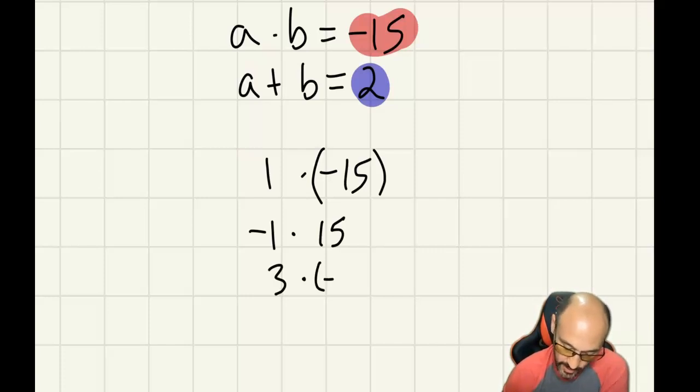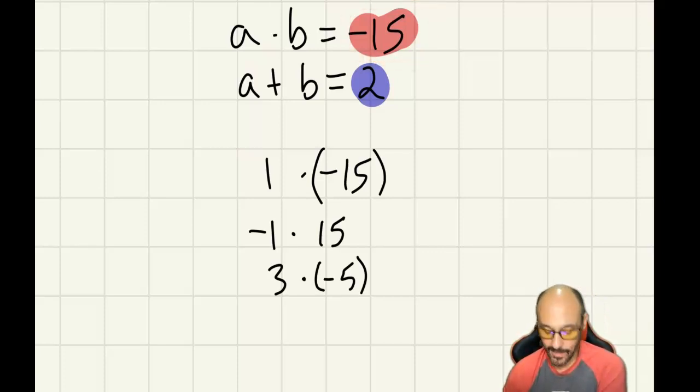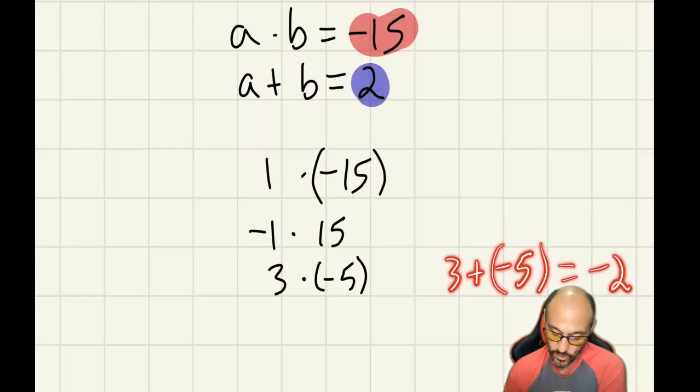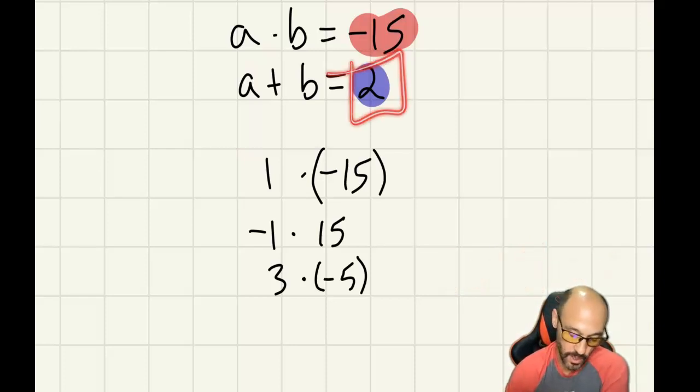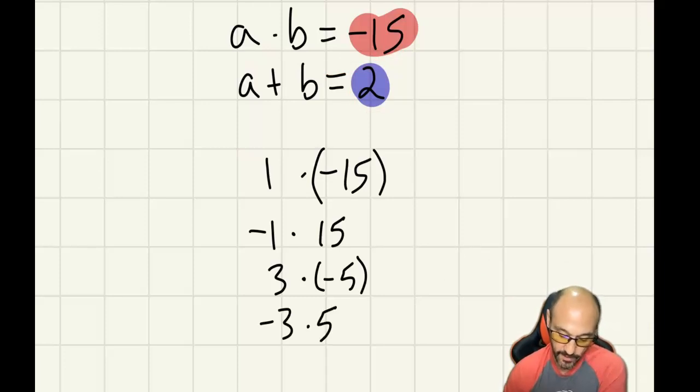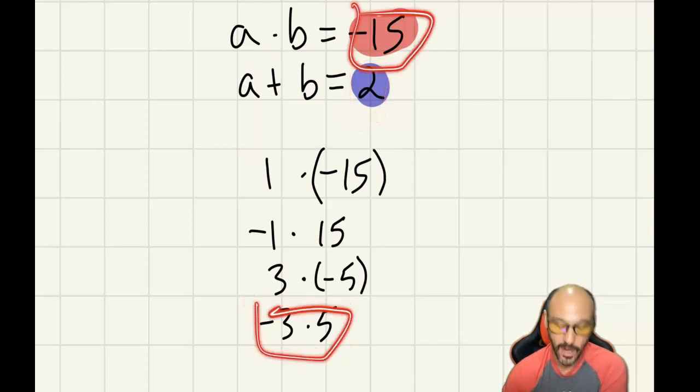3 times negative 5. Well, that gives us a negative 15. But when I do 3 plus negative 5, that gives us negative 2. So that's not 2. But what about negative 3 times positive 5? When I add those together, I get positive 2, and when I multiply them together, I get negative 15.